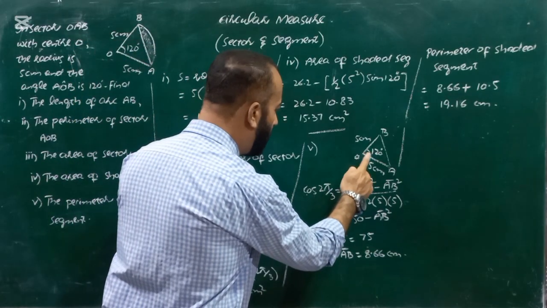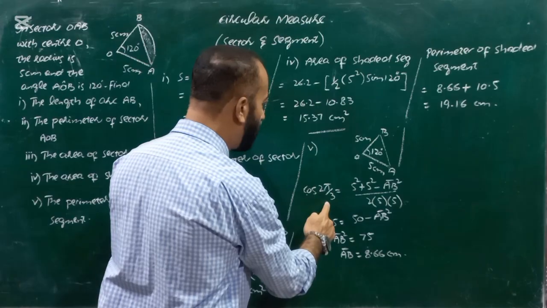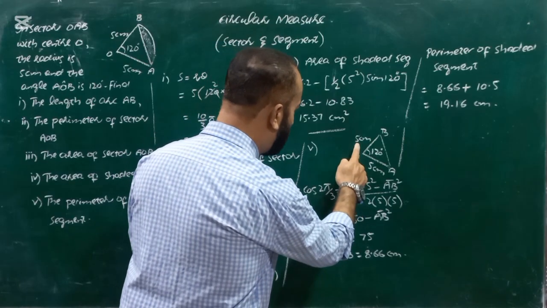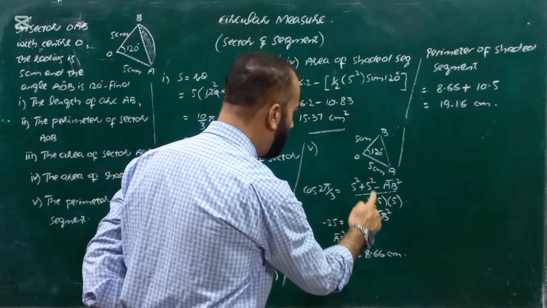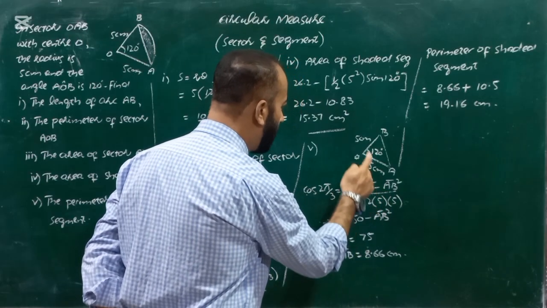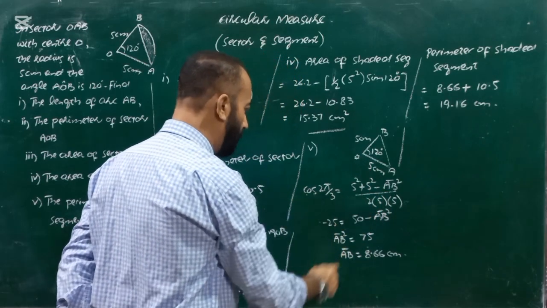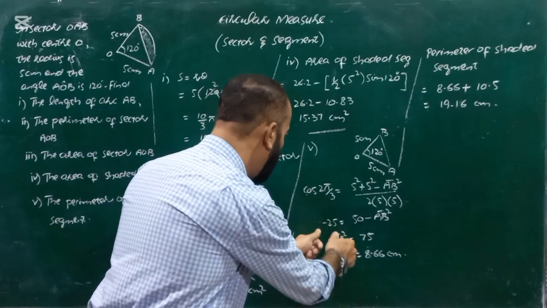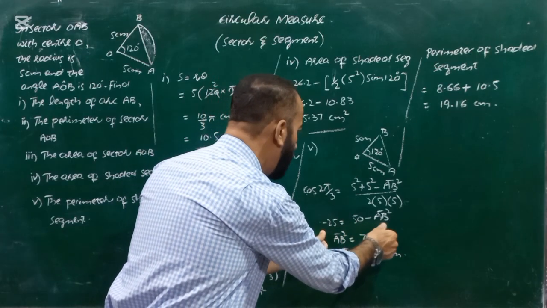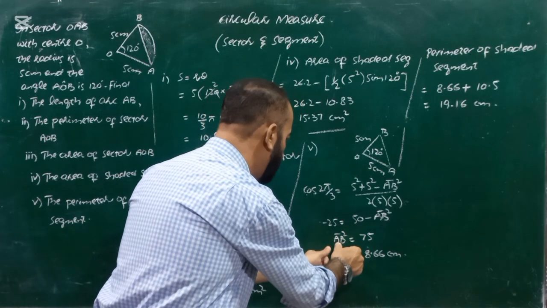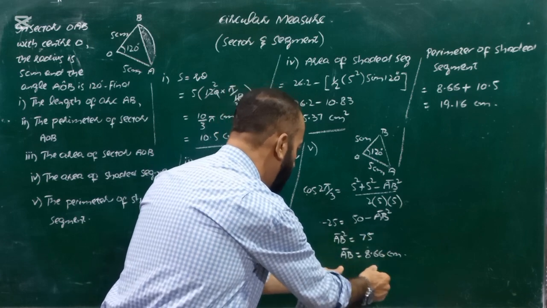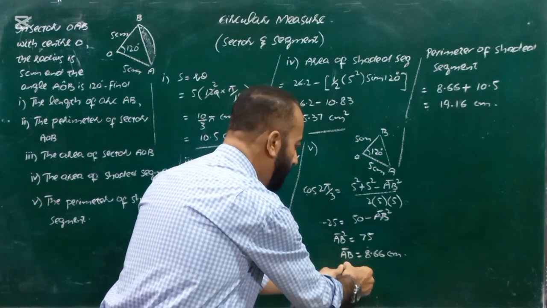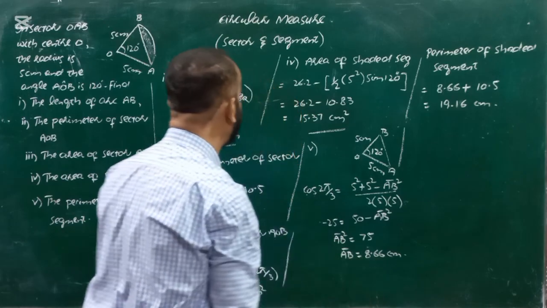So cos 2 pi by 3 is equal to the square of this side plus the square of this side minus the square of this side, over 2 times this side into this side. This is actually the cosine rule. After solving, minus 25 will be equal to 50 minus AB square. This AB square will come to the left side and this minus 25 will go to the right side. After taking the square root of both sides, the length of the side AB is 8.66.